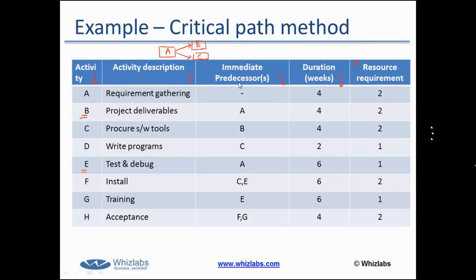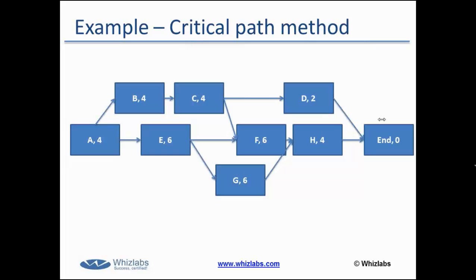And the next step would be to find out which activities have B as its immediate predecessor activity and continue this way. When you continue this way, you would be able to draw a network diagram, something very similar to this.